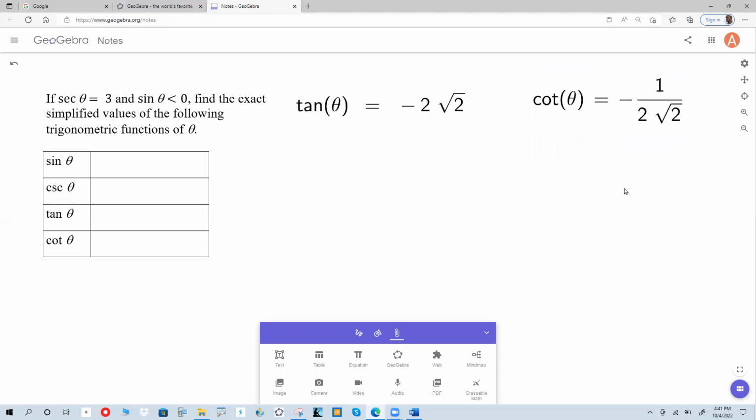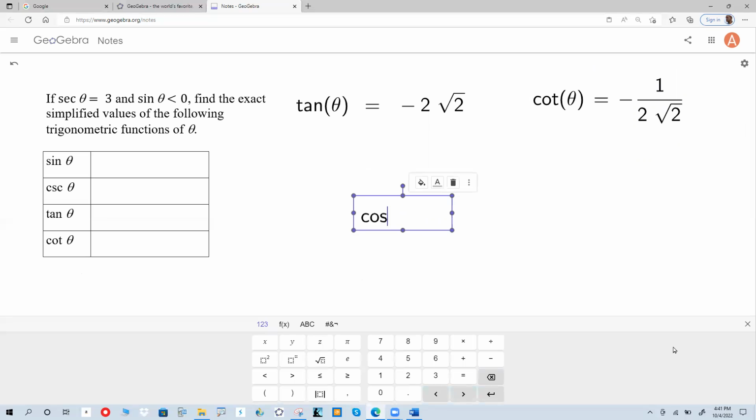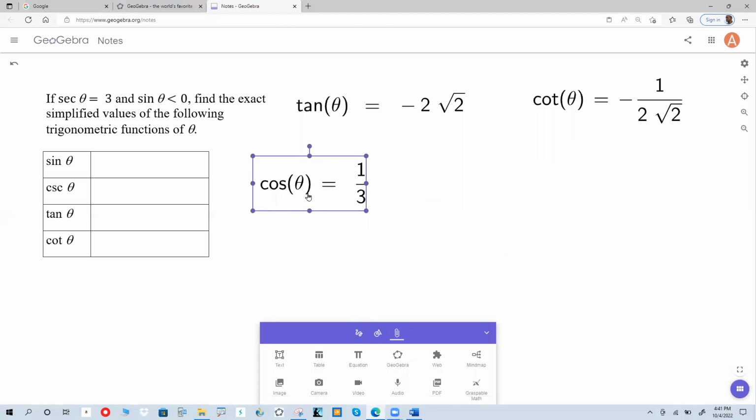I need to find sine and cosecant, which is really not that difficult, guys. If you know tangent or cotangent, you can express it in terms of sine and cosine. Now you do have to understand, even though they're not asking for it, let's write it down. If secant theta is 3, cosine theta has to be 1/3. All right, you have to keep that straight.